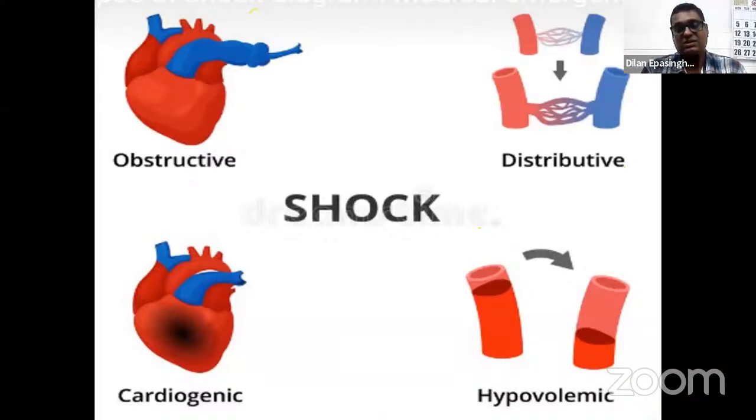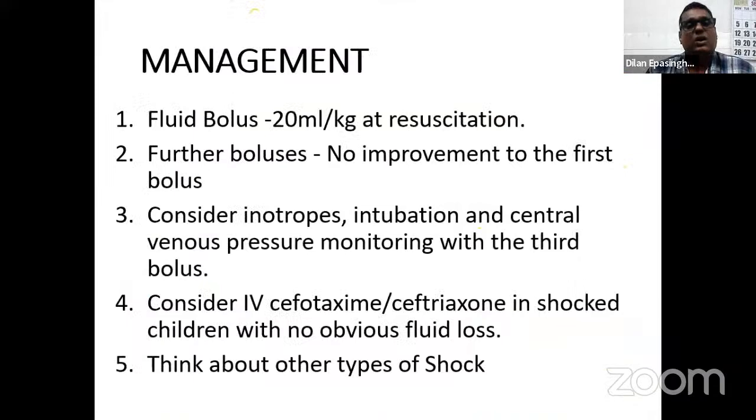So that is how you have to manage. Each situation has its salient features to manage. So it's very important to identify the type of shock and manage accordingly. Right. So how do we manage? Fluid bolus 20 ml per kg at resuscitation unless the patient has heart failure. Further boluses, if no improvement to first bolus, then you can give another bolus.